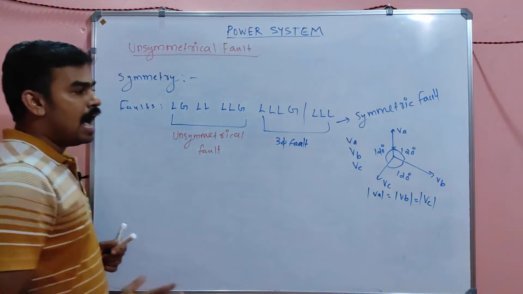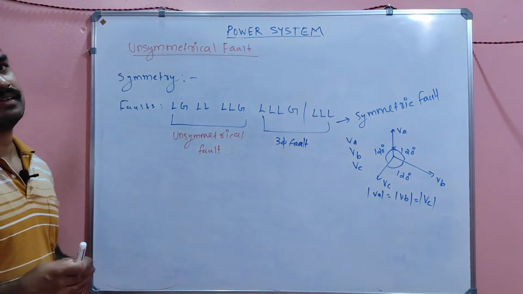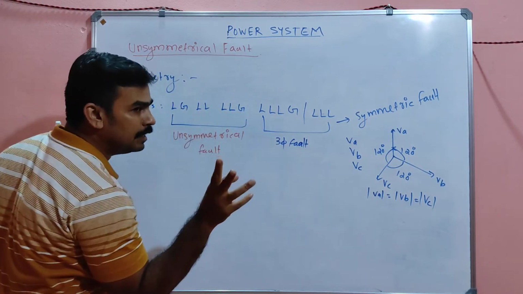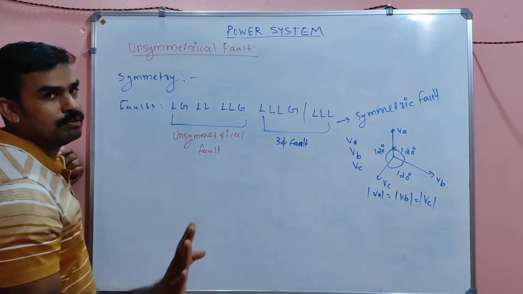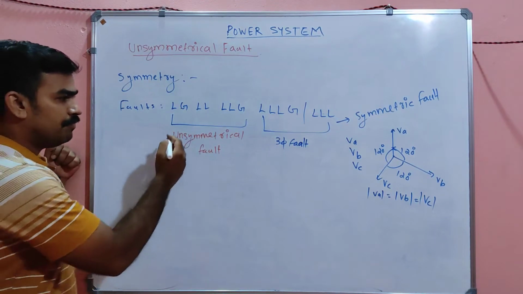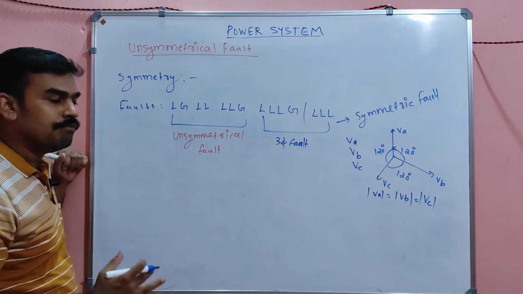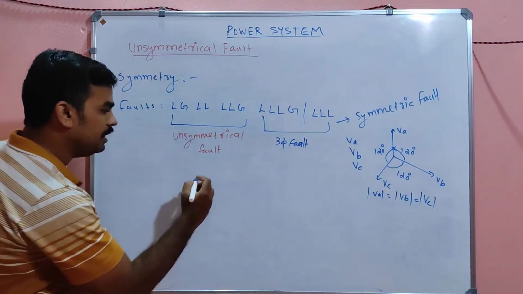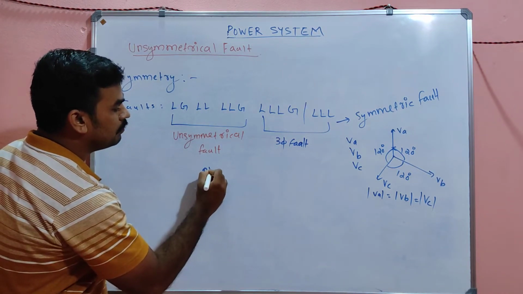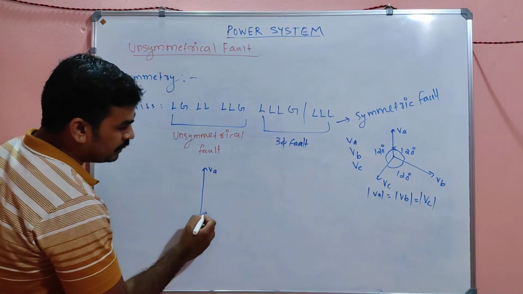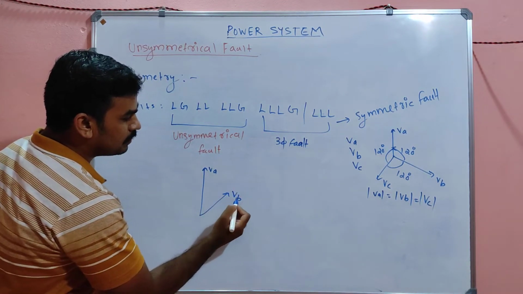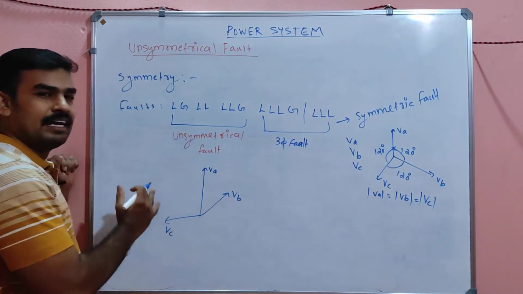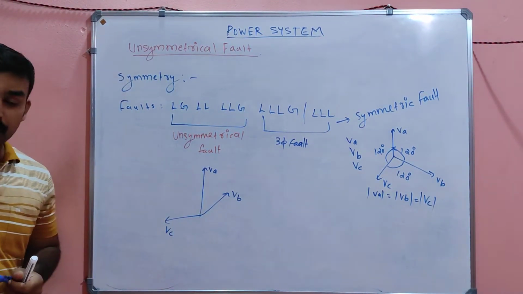After the fault occurs in the power system, if any one of these three faults occurs, the voltages will not be at 120 degrees with respect to each other. The phasors may be VA like this, VB like this and VC like this, and will not make an angle of 120 degrees with respect to each other.